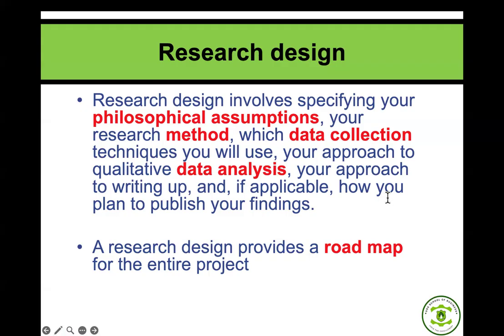First are your philosophical assumptions. Basically, how do you view the world, and how can your beliefs help you understand the world? This might sound a bit heavy now, but it actually shapes everything else we would be doing. Then there's your research methods.